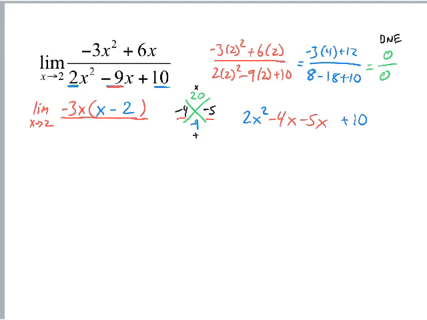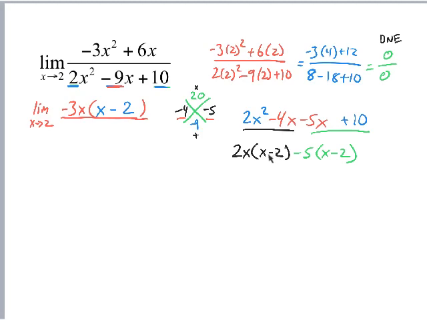All right? Then what I'm going to do is pull out a GCF. It's called grouping. So for that piece, if I pull a 2x out, I'm left with x minus 2. And for this second part, I'm also going to pull a GCF out of negative 5. And if I pull a negative 5 out, I'm left with x minus 2. And what you see here is something called grouping.